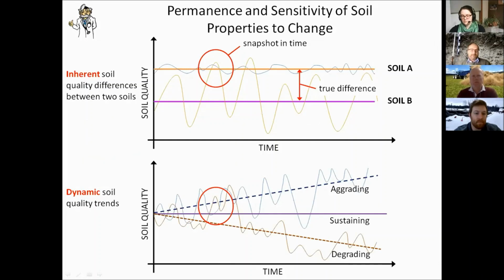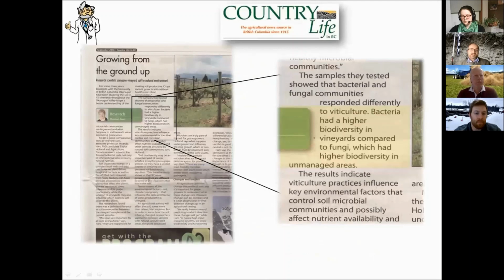Here's an article I found about research comparing the bacteria to fungi ratio, and it showed that the ratio of bacteria to fungi is higher in the vineyard than the adjacent unmanaged area. In other words, there are more bacteria compared to fungi in a managed system in a field than in an unmanaged system.